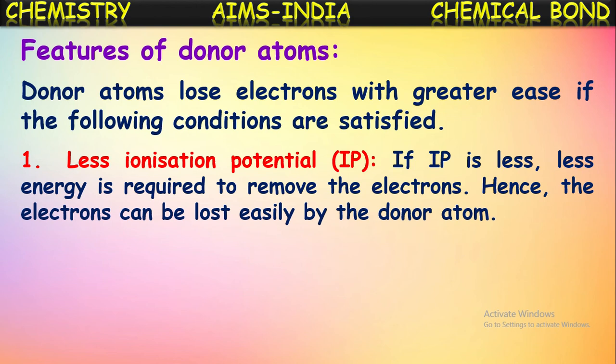We know it is the minimum amount of energy required to remove an electron from the atom. Of course, the definition is different here; simply, the energy required to remove the electron from an atom. If the ionization energy is less, then that atom can release electrons easily. Hence, electrons can be lost easily by the donor atom if it has lower ionization potential.